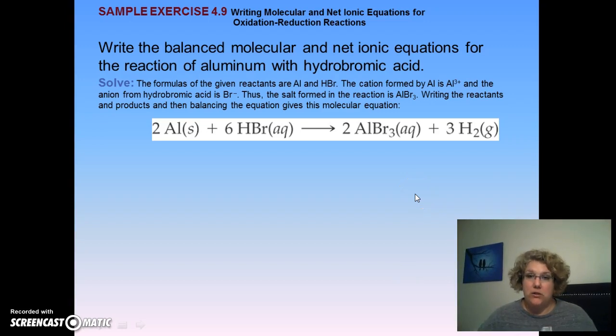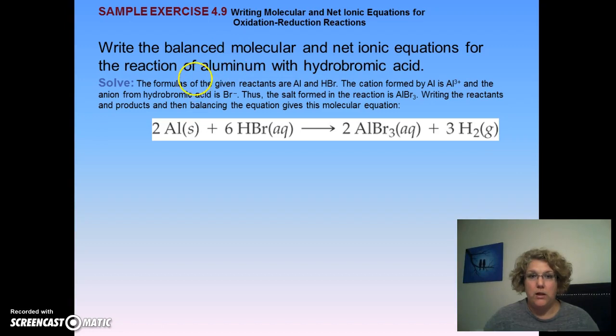So who actually changed here? Well, aluminum. It was solid with no charge. Now it's aqueous with a +3 charge. Okay, there is our element whose charge went up, so that's oxidized. Then hydrogen was +1, sweet pea. Sorry, cat fight, possibly brewing.